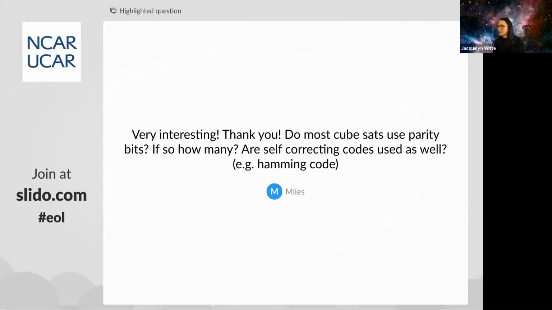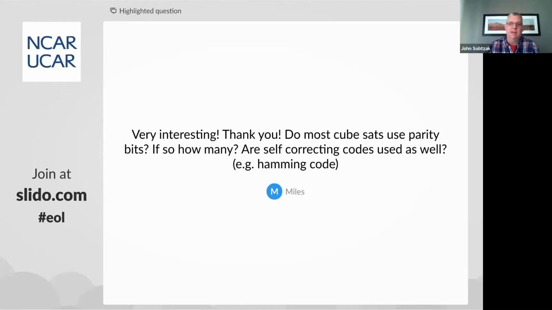Absolutely. They use parity bits and other encoding schemes, even just on the shortest interconnect between subsystems. They might use a single bit, they could use 2 bits. One of the bigger ones in communications is a half-rate convolutional encoding, where literally half the bits are correction bits.